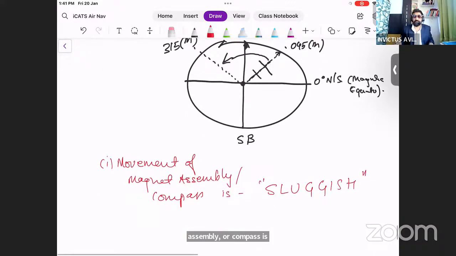You often see this word with respect to hydraulic controls also. Sluggish means it has a lag. It is slow. It has some more resistance. It is not free. It is not lively.